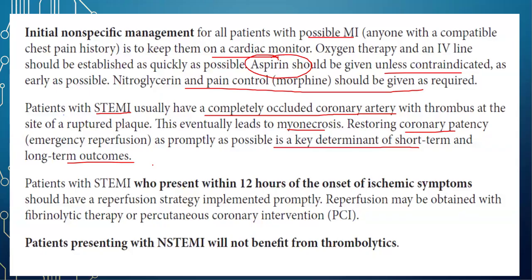So emergency reperfusion is a must for an ST elevated MI patient. Patients with ST elevated MI who present within 12 hours of onset of the symptom should have a reperfusion strategy promptly. Reperfusion can be obtained either with fibrinolytic therapy such as streptokinase or percutaneous coronary intervention.